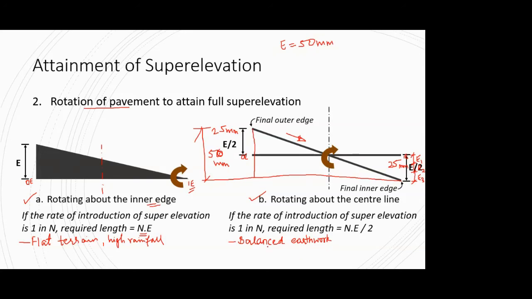But in this method 2B, there is a disadvantage, and that disadvantage is that there are drainage issues. Suppose these are the levels. At the starting of this method, I told you that this is the level of my straight section.